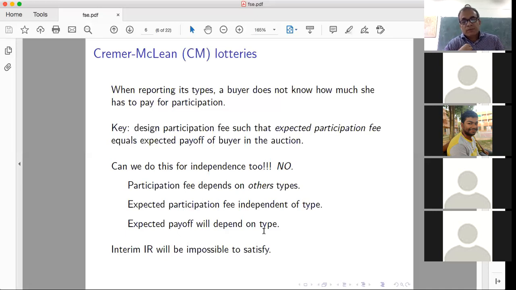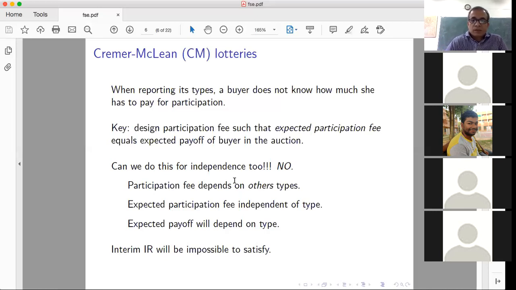If I am a high type, my expected payoff is higher. If I am a low type, my expected payoff is lower. So if I were to maintain the constraint that the expected participation fee must equal the expected payoff of each buyer type, that will be impossible to satisfy, and hence interim IR will be impossible. So with independence you run into this problem.